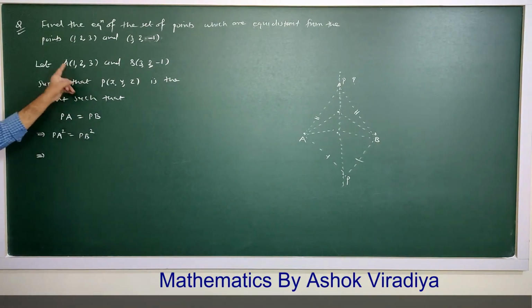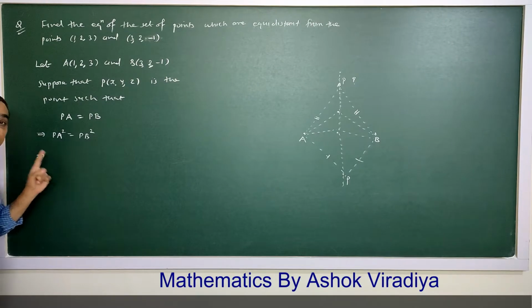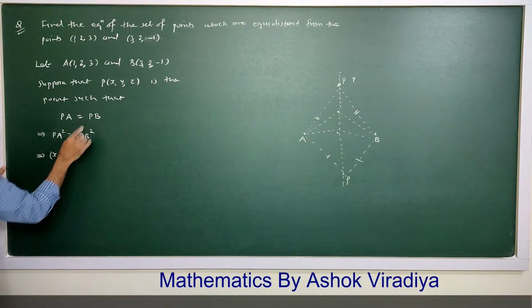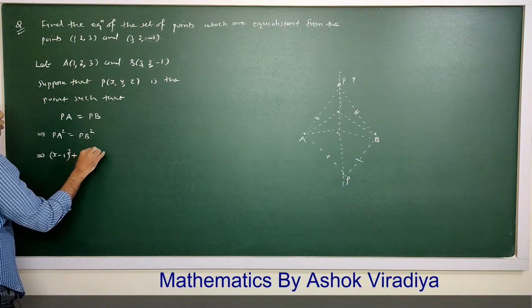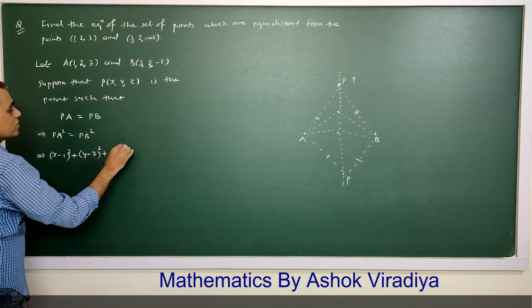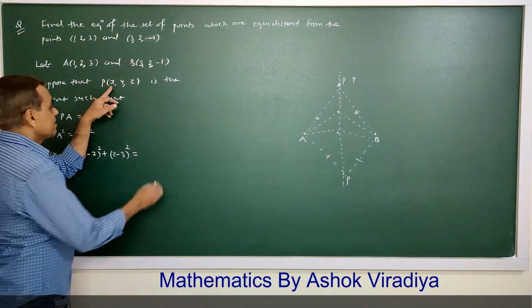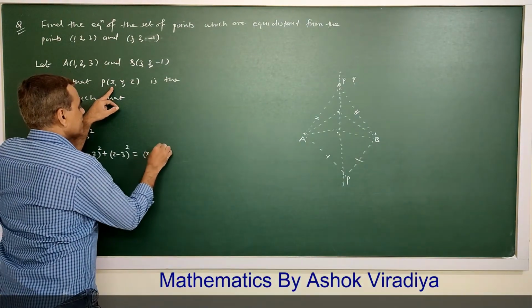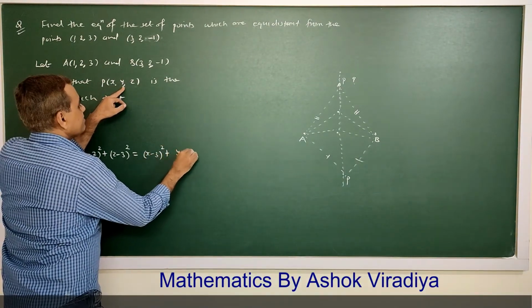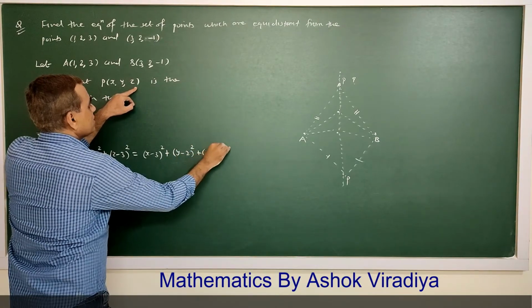Now applying the distance formula, because here we are calculating for square, we don't put the radical sign. The radical sign is removed. So x minus 1 whole square plus y minus 2 whole square plus z minus 3 whole square equal to PB square, x minus 3 whole square plus y minus 2 whole square plus z plus 1 whole square.